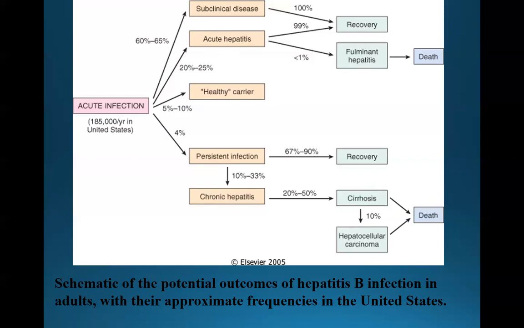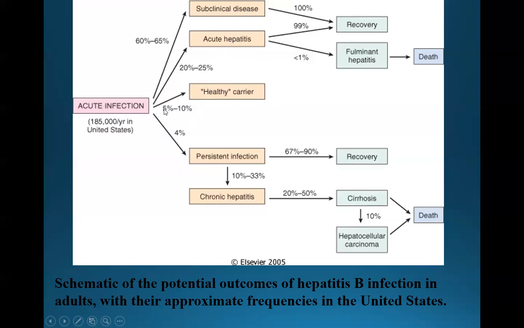So the question will be, what is hepatitis? Hepatitis should have lab values and a clinical presentation that your patient is going to present with. In those patients, even if they harbor the virus, it's going to be 100% recovery for those with subclinical and acute hepatitis.